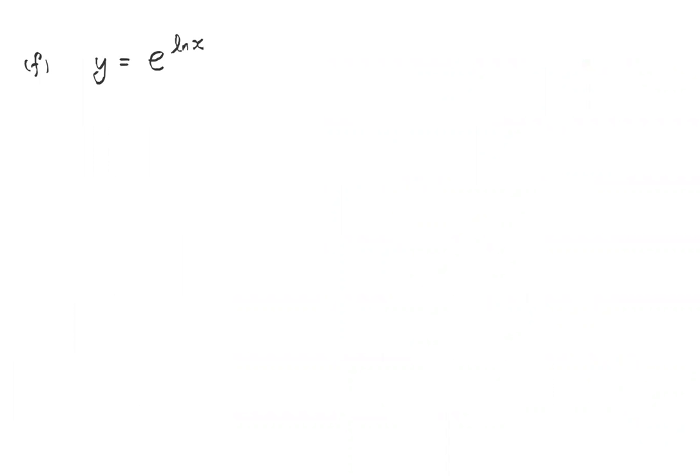Do you still remember I told you, if I have e to the power ln something, the answer is the something, correct? If I have e to the power ln a, what is the answer? Can anyone tell me?